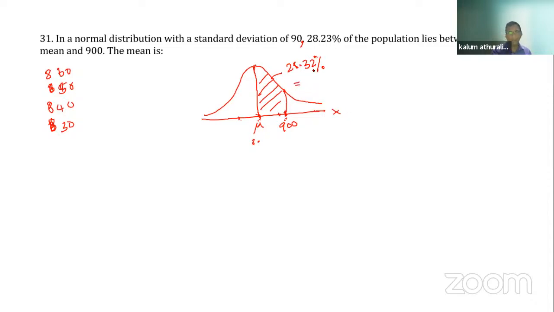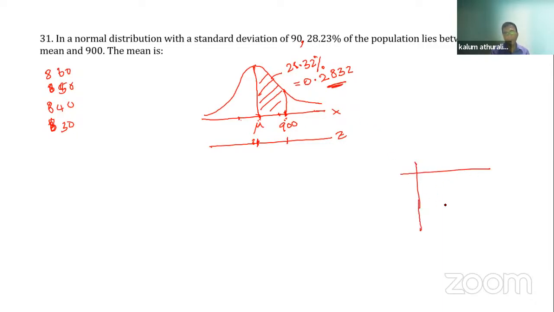Right. Now we can find the decimal value of this probability, which is 0.2832. Now we can find the Z value using this table. How to find the Z value?